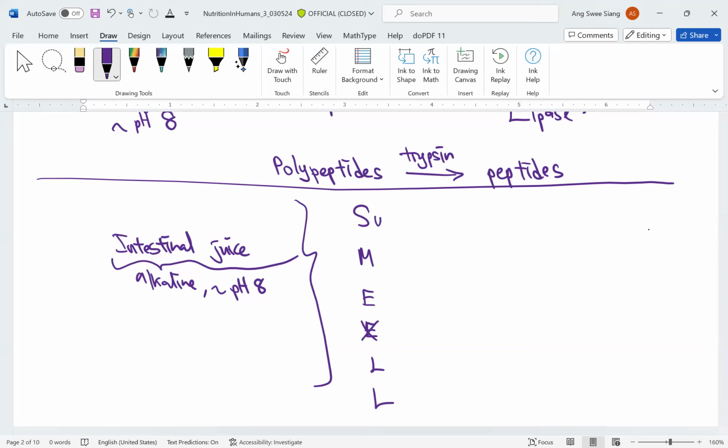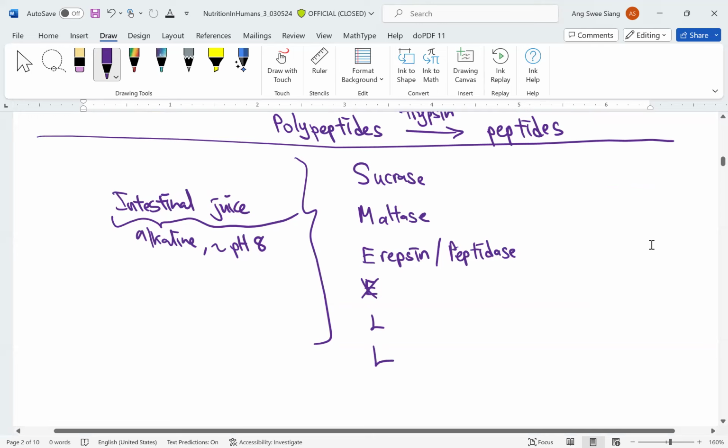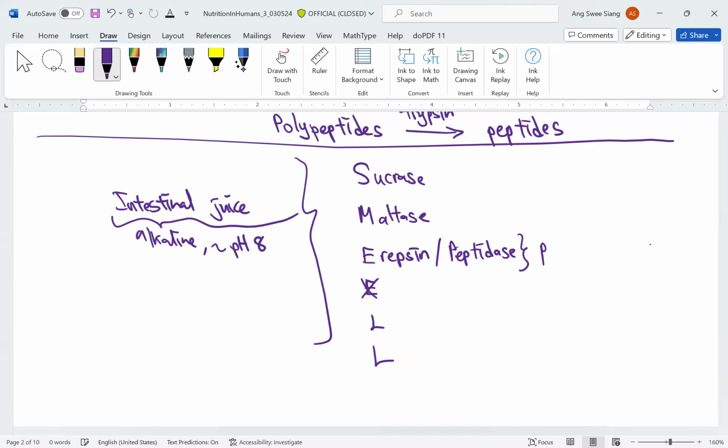This is sucrase. This is maltase. Then E is erepsin, or you call it peptidase. They are the same thing, but they are protease. Just in case some of you wonder what this enzyme is, this is a protease. Then L is lipase.